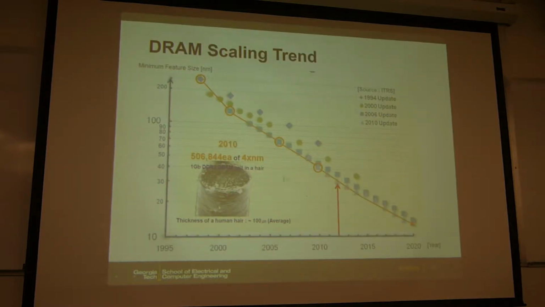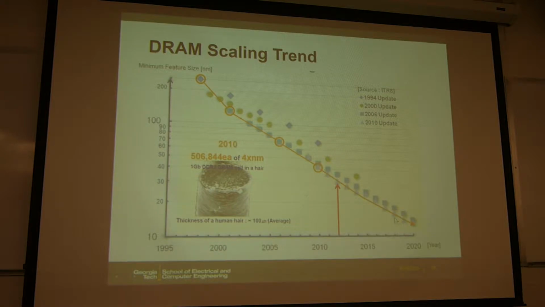So the DRAM scaling, we look at the minimal feature size. As we discussed before, for DRAM and flash, the feature size F is more related to the physical dimension, like the metal one half pitch. So this is the scaling of the DRAM from the 1990s to today.